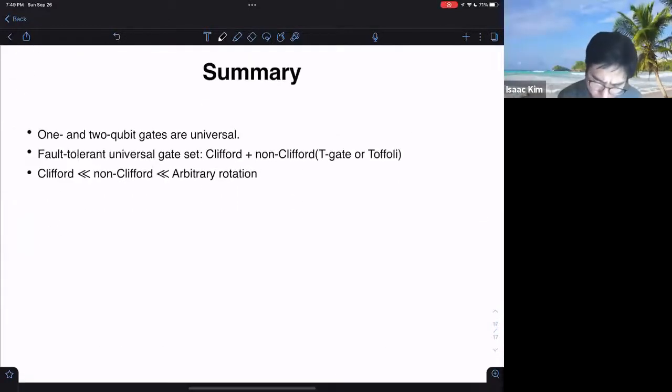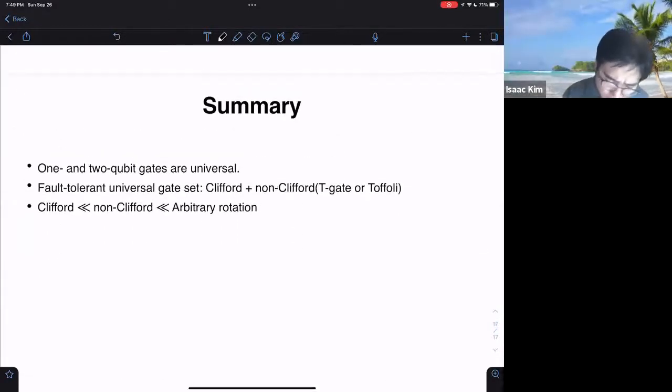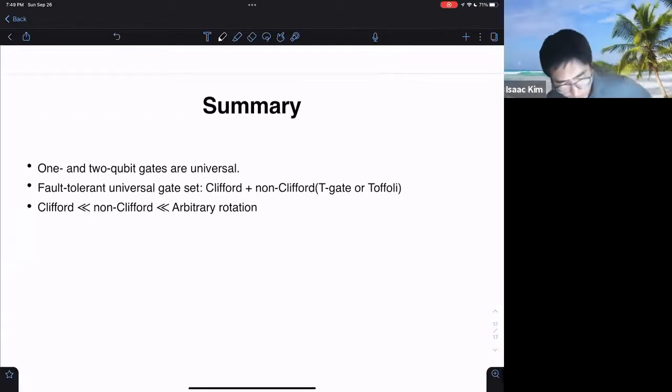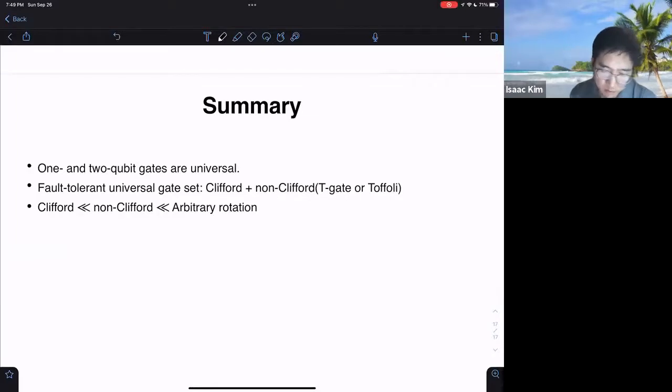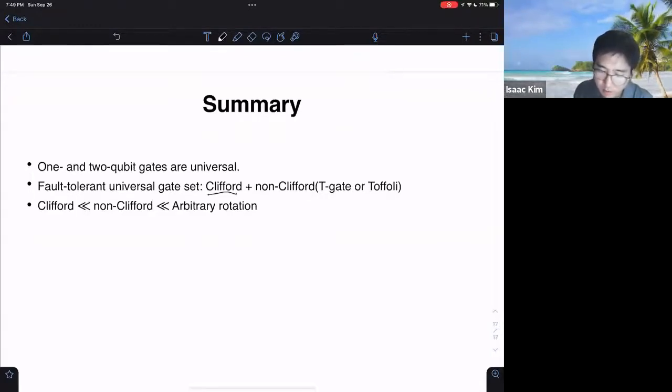Okay. All right. So I guess that is it. This is a bit shorter than I expected. The summary is that the 1 and 2 qubit gates are universal, and when you look at the papers, you see that the gates that people use are the Clifford gates plus non-Clifford gates, which are T gates or Toffoli.